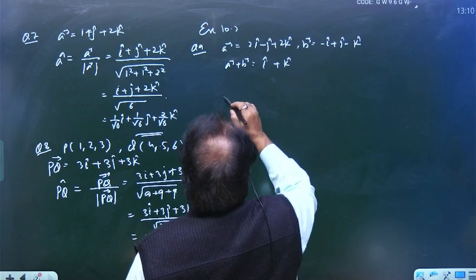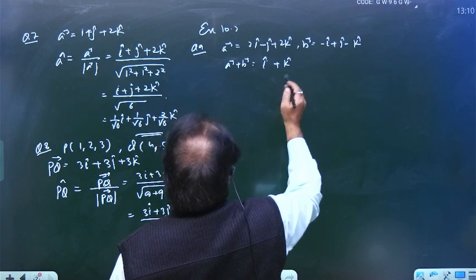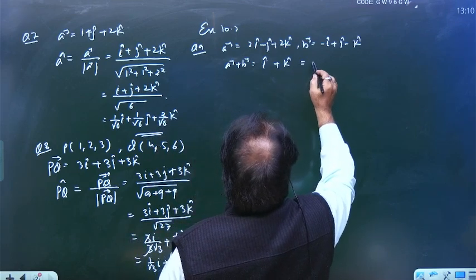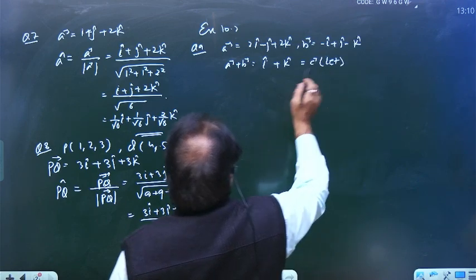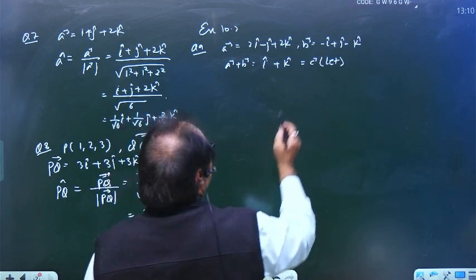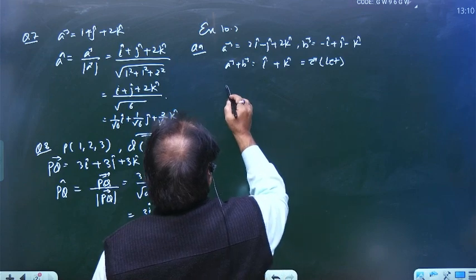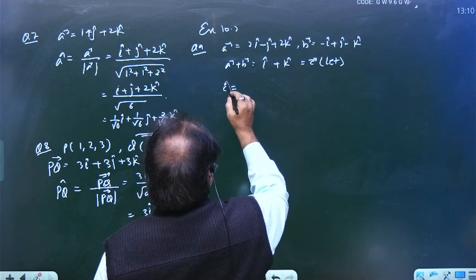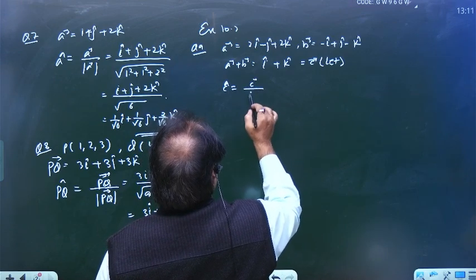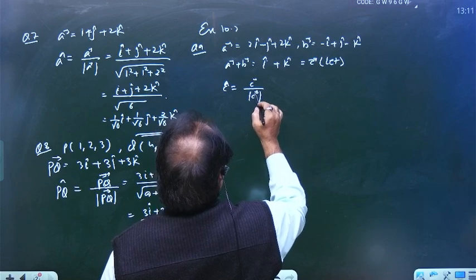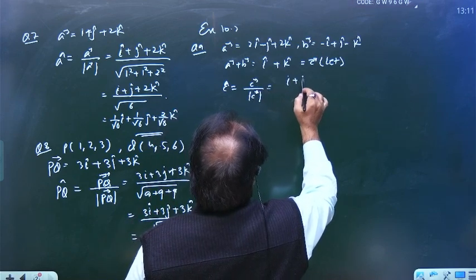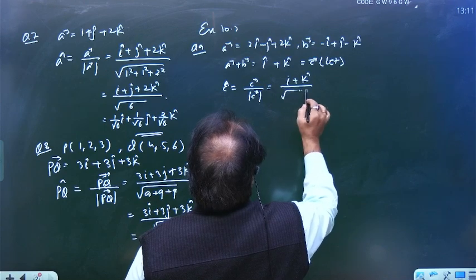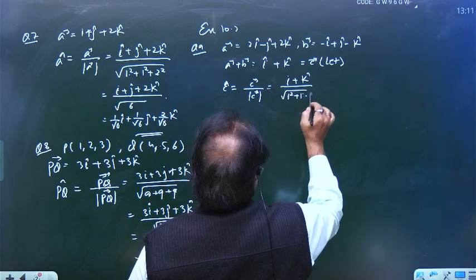So the unit vector of a plus b, suppose it is vector c, so c cap is equal to vector c upon magnitude of c vector. So c vector is i cap plus k cap divided by root over of 1 square plus 1 square.